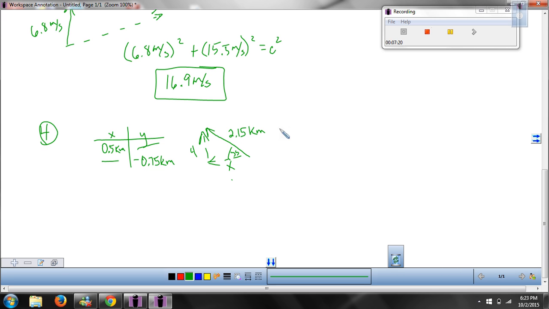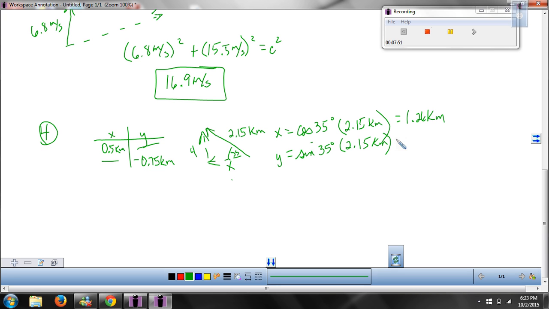So I'm going to say X is cosine of 35 degrees times 2.15, and Y is sine of 35 degrees times 2.15. So when I did my X many moons ago, I got, let me make sure I'm telling you the truth here, 1.26 kilometers.